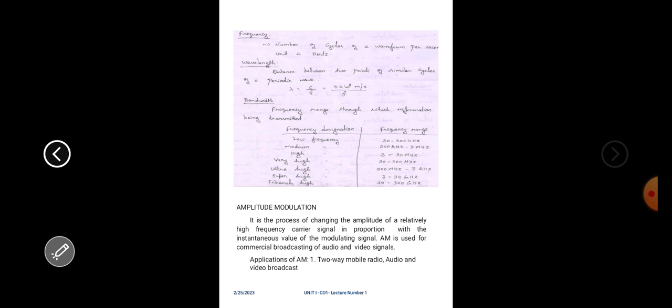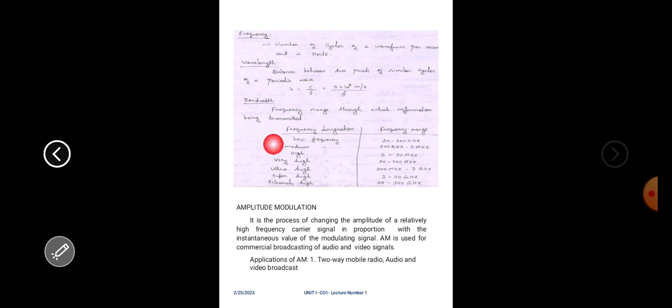Wavelength is the distance between two points of similar cycles of a periodic wave. Lambda is equal to c by f, where lambda is the wavelength of the signal, c is the speed of light, and f is the signal frequency. This frequency can be a baseband signal or a high frequency signal.